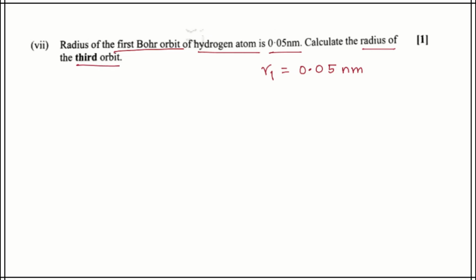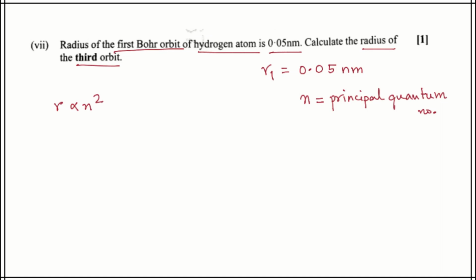As we know, n is the principal quantum number, and radius r is directly proportional to n square.